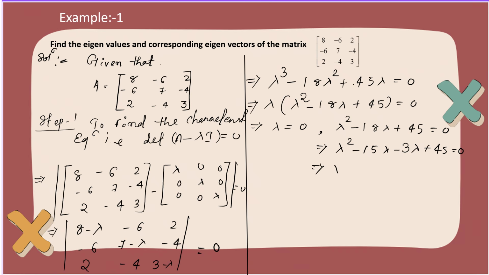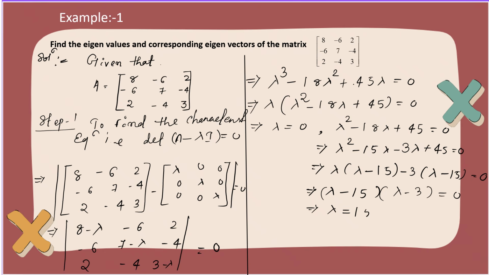So you get lambda common here: lambda minus 15. Again minus 3 common here: lambda minus 15 is equal to 0. Then finally lambda minus 15 and lambda minus 3, which is equal to 0. Now you get another two eigenvalues. One lambda is 15, another is 3.